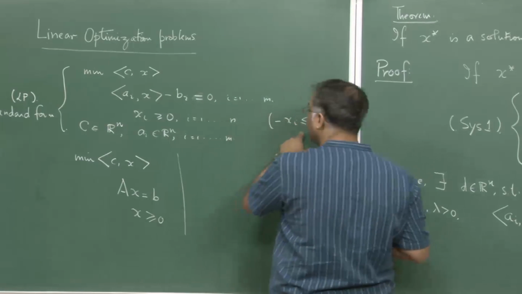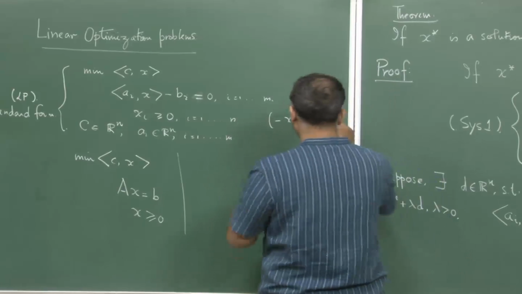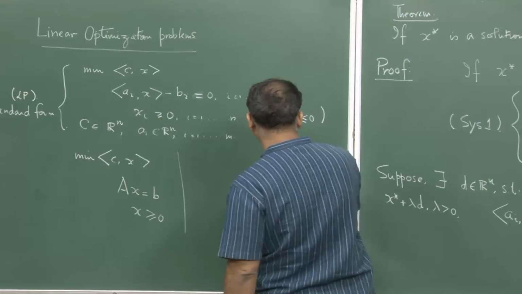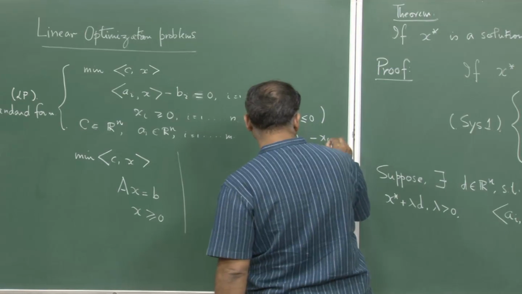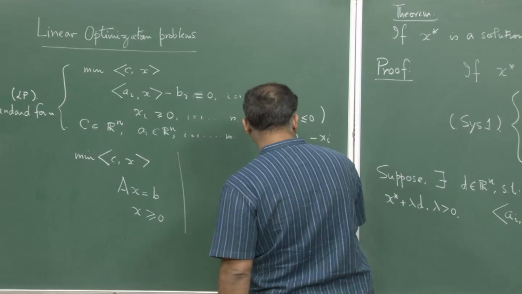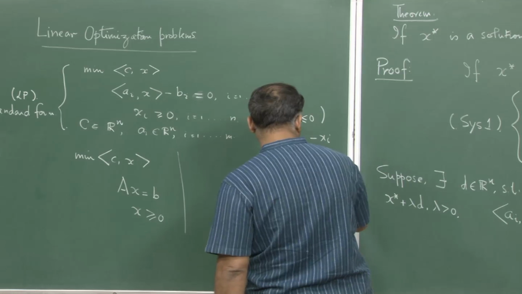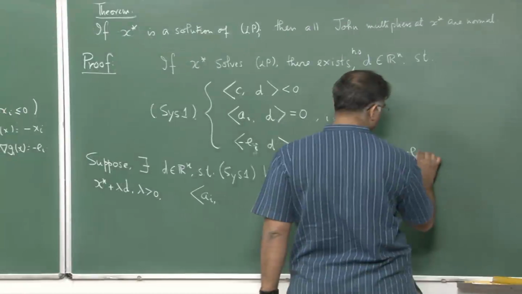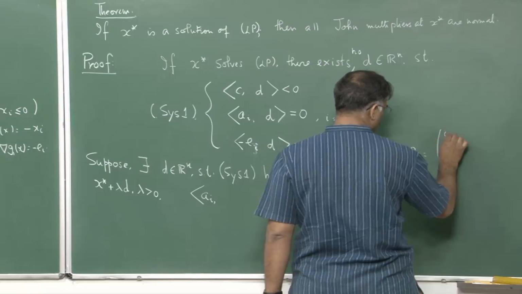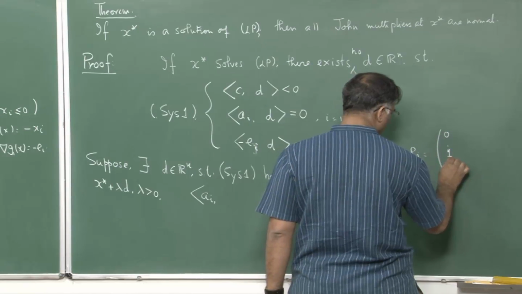So, you write it in the form of inequality constraints. So, if you write this as g_i(x) equal to minus x_i, then grad of g_i(x) is actually minus e_i. The e_i's are vectors of this form, 1 in the i-th place and 0 elsewhere.